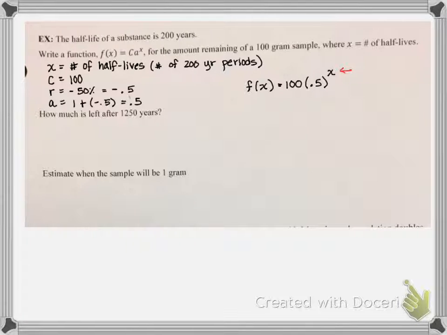So if we said x was the number of years, that would be saying that every single year our sample decayed by 50%. Whatever time period your variable represents is the amount of time it takes for that decay or growth to happen.